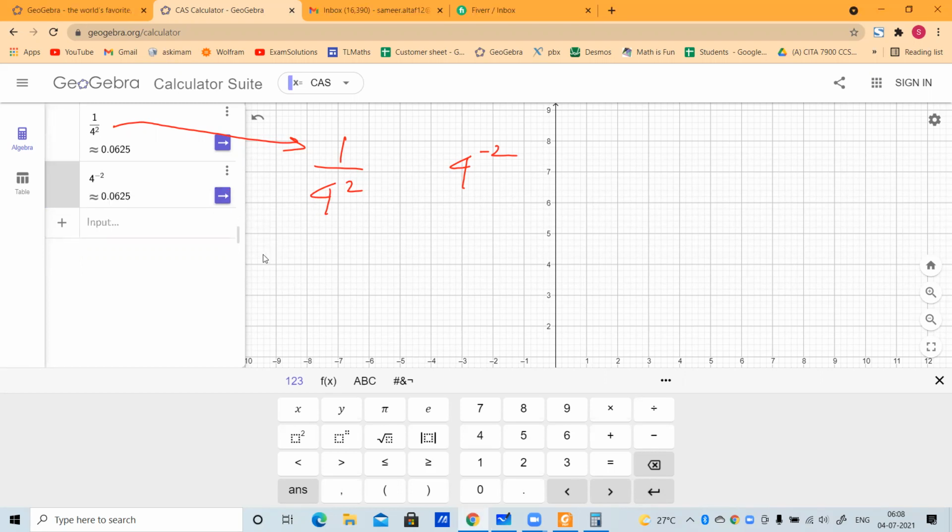And when you solve it, it is again 0.0625. Oh, okay, I see. So 1 divided by 4 squared is the same as 4 to the negative 2. The same value, 0.0625. Okay, I see. In the same way, I can write 1 divided by x squared is the same as x to the negative 2.